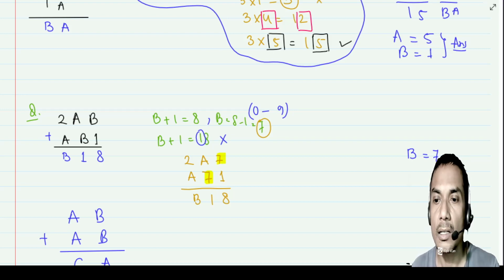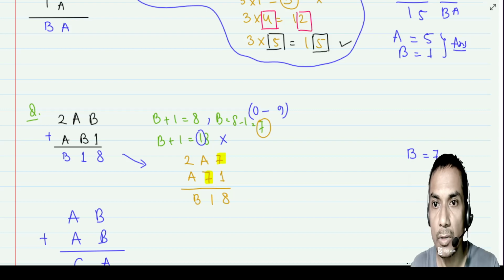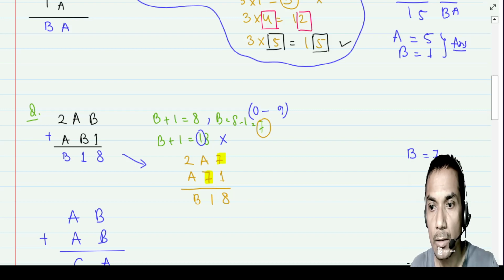Now what are the other values? Since you just put the value from here, now we consider here only, clear. We have to find out, so look, here also B, you put the value of B here also, correct.